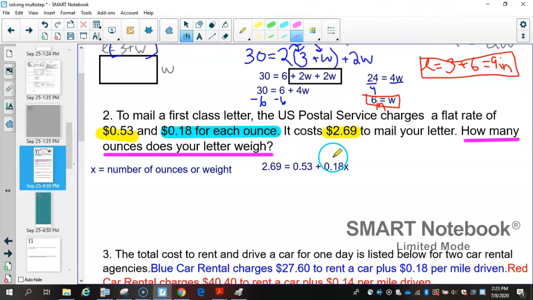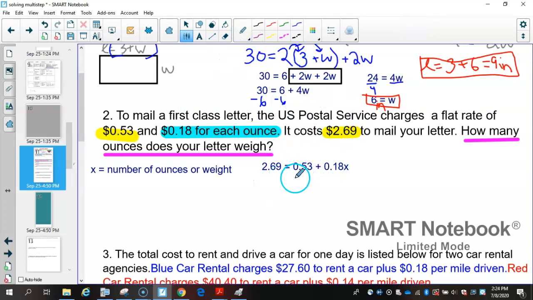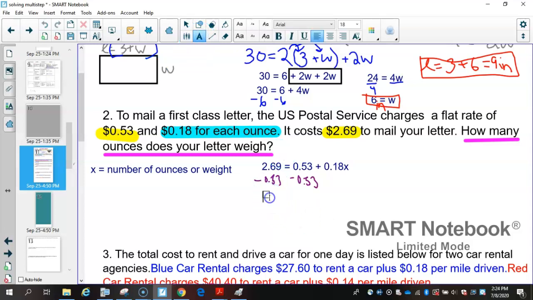Oops, I'm still in highlighter. You should subtract your 53 cents from both sides to get $2.16, and then divide everything by 18 cents.